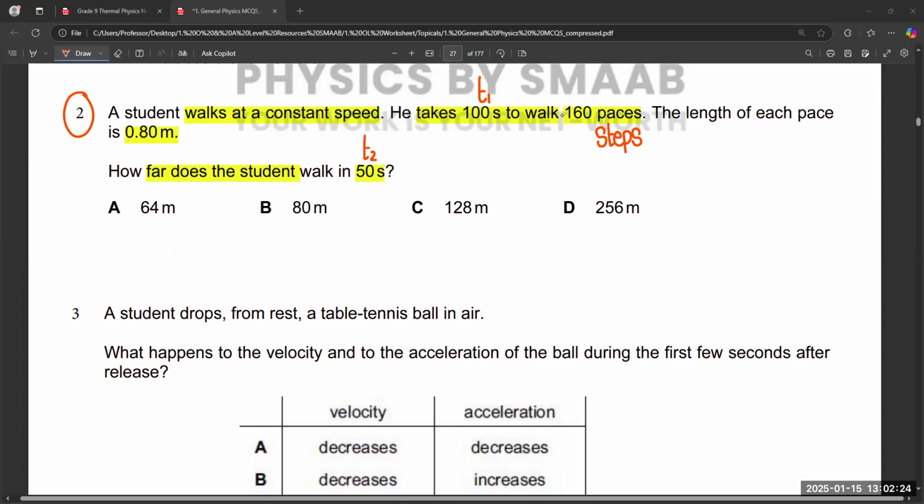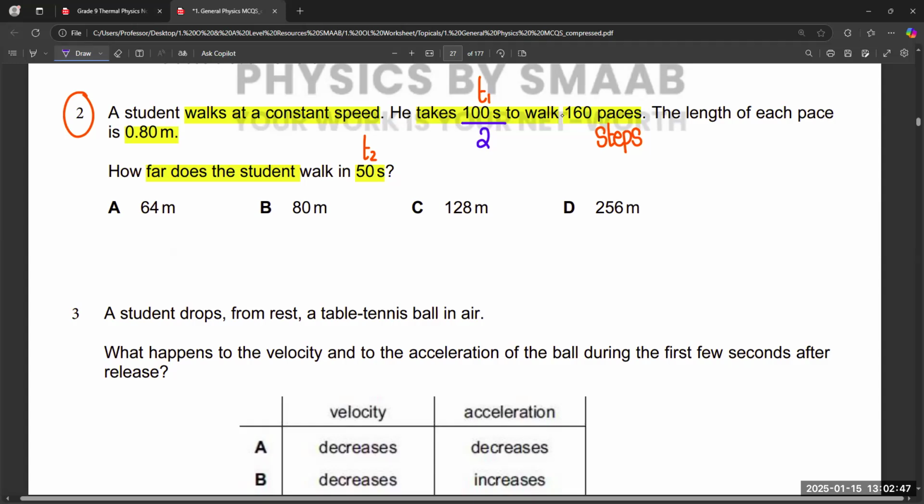Okay, to solve this question, working is very simple. First of all, in this question, the initial time is 100 seconds, right? And what is the final time? 50 seconds. So time is now divided into half because from 100 we reach the value 50. So 50 is the half of 100.